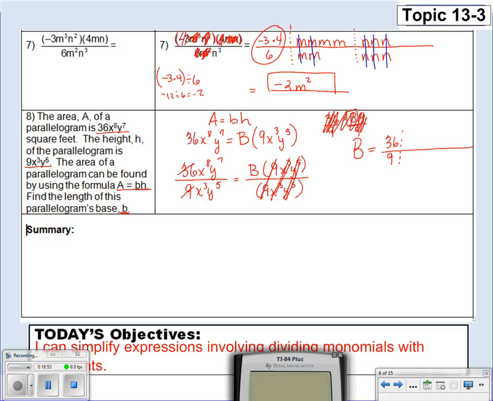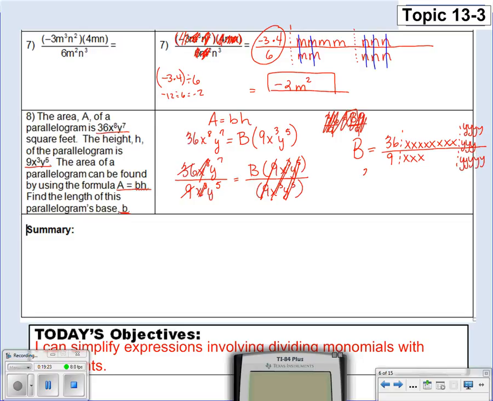We have x to the 8th on top, so this is 1, 2, 3, 4, 5, 6, 7, 8. And on the bottom we have 3 of them, 1, 2, 3. Took care of my x's. Now let's deal with the y's. There's 7 y's, so 1, 2, 3, 4, 5, 6, 7. I ran out of room, and on the bottom we have 5 of them, 1, 2, 3, 4, 5.